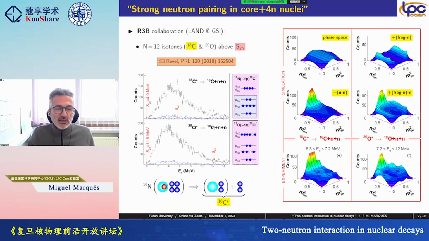And here you see this channel, so oxygen-18 plus 2. But for this, you need to excite oxygen-20 to 11.6 MeV. So what you see here is the 2-neutron emission from oxygen-20, but starting at almost 12 MeV excitation energy. So you are going to measure properties of oxygen-20 continuum or resonant states, but that are very far away from the ground state.